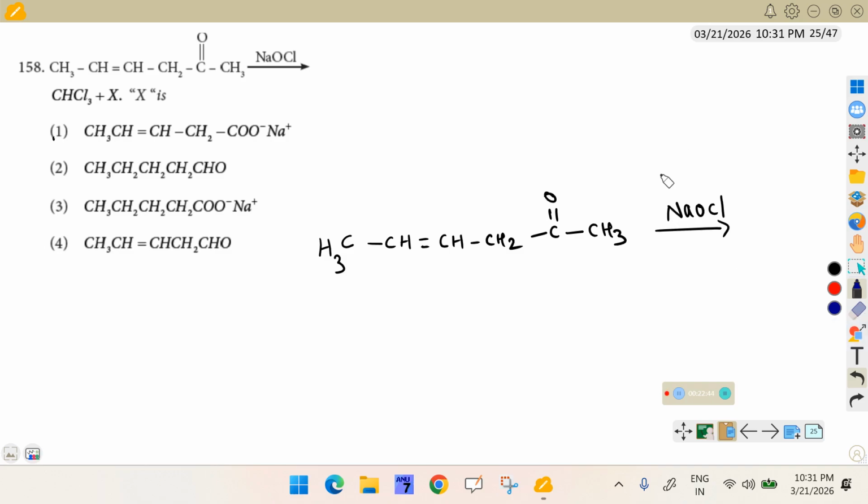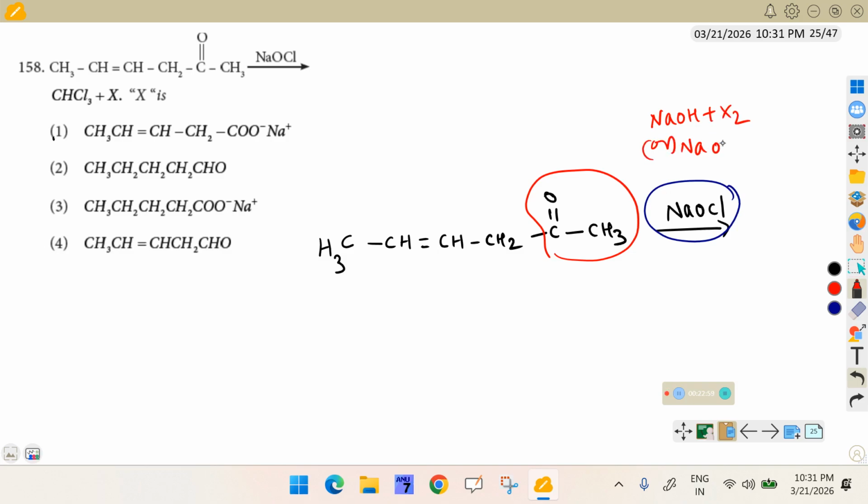Identify X in the following reaction. First of all, this is a methyl ketone. Methyl ketone reacts with NaOH plus X2, or NaOX, then it gives haloform. This reaction is called the haloform reaction.